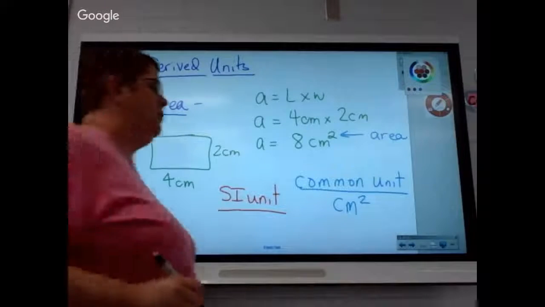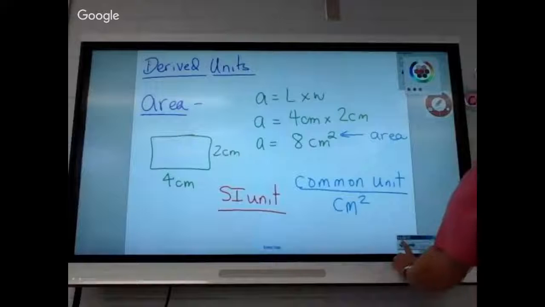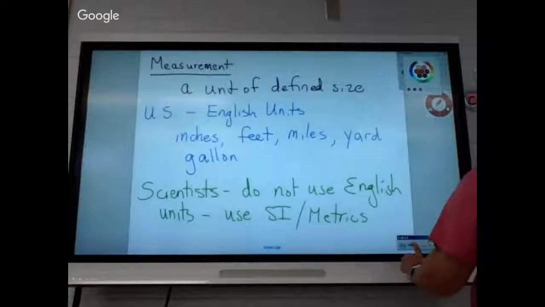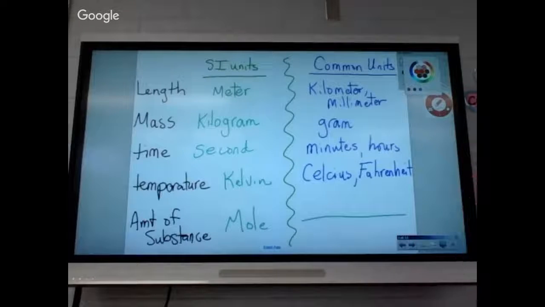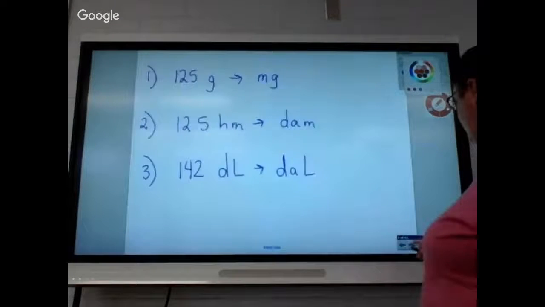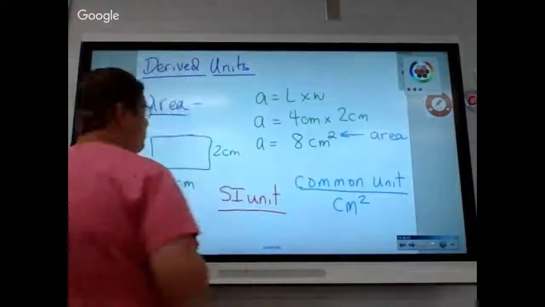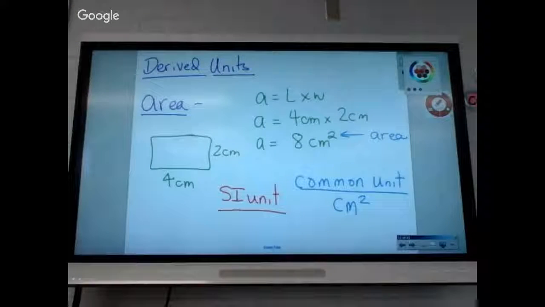Well, suppose we go back to here. What is the SI unit for length? Meter. All right. Now let's cruise back up here to page 11. We know the SI unit for length is a meter. What's the SI unit for area?